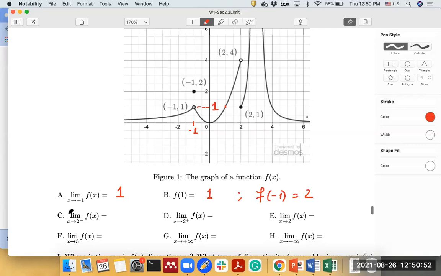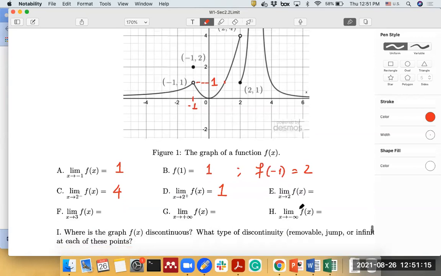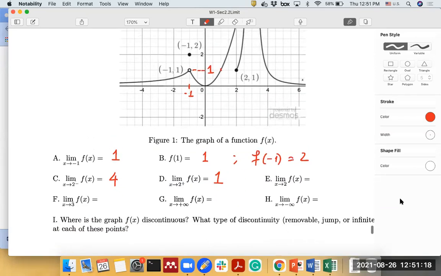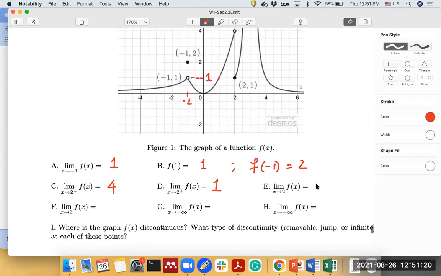The same thing. How about the limit of f(x) as x approaches 2 from the left? 4, good. How about x approaches 2 from the right? Good job. How about the limit when x approaches 2 in general? Tricky. What do you say? Good.